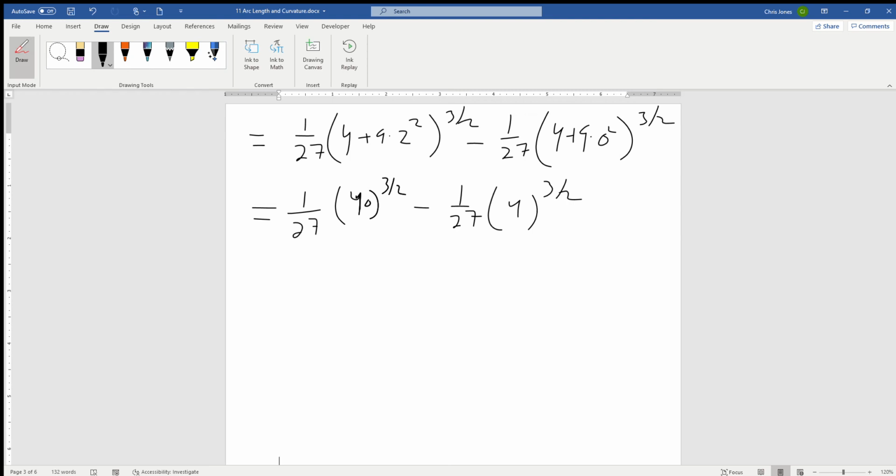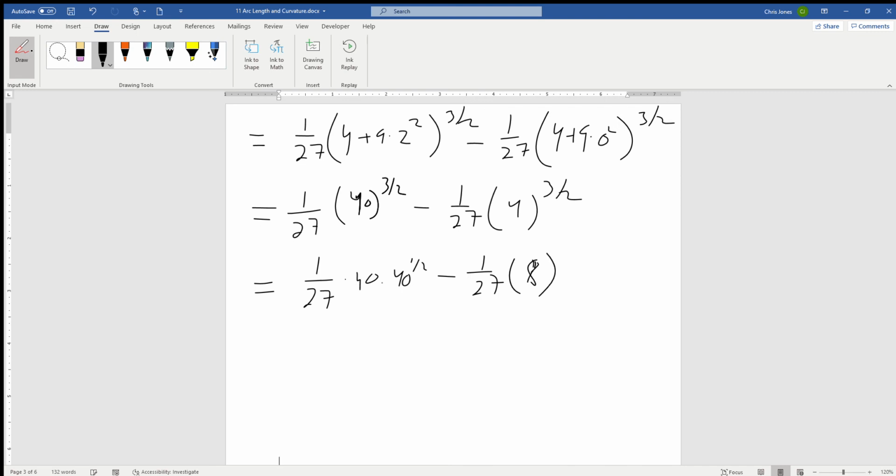40 to the 3/2 is really the same thing as 40 times the square root of 40. And then we have the 1/27. 4 to the 3/2 is going to be 8. That's a perfect value. All right?